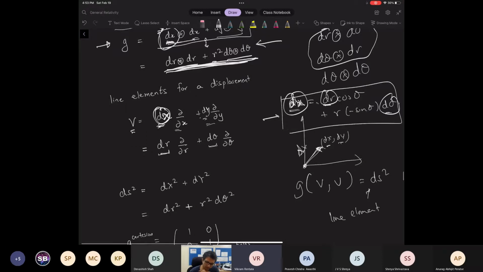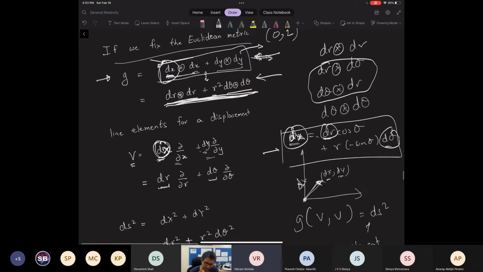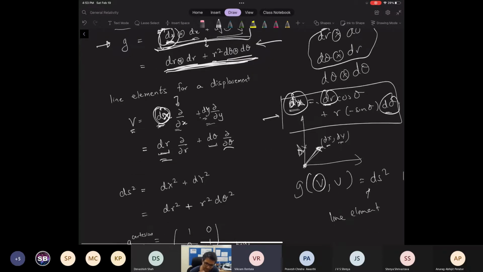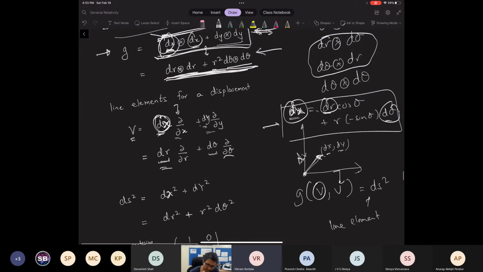So now I can calculate this in two different ways. I can calculate first in the xy basis, and then I can calculate in the r theta basis. In the xy basis, this dual vector acts on the first v, on partial x, and pulls out the coefficient dx. On the second v, this dx acts on the partial x of the second v, and it again pulls out the coefficient dx.